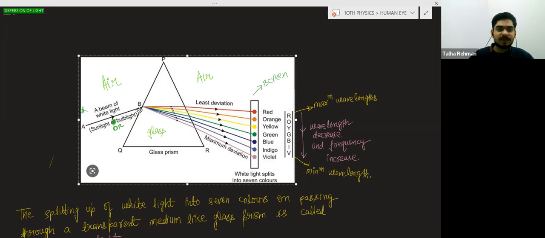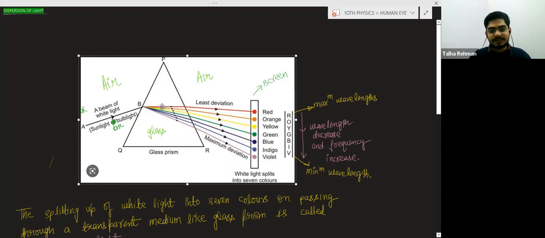After the splitting, different colors have different wavelengths and different frequencies. Talking about wavelength, red color has the maximum wavelength. As this light is traveling, now focus on the red color of this white light.